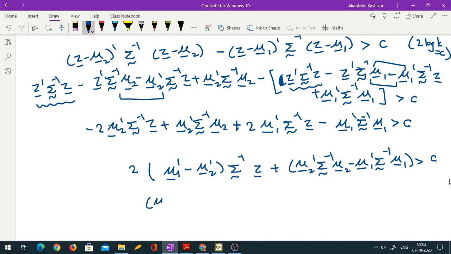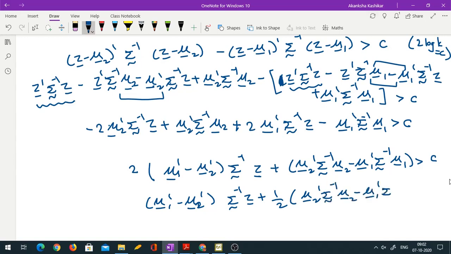So this can also be written as (mu1 prime minus mu2 prime) sigma inverse Z plus half (mu2 prime sigma inverse mu2 minus mu1 prime sigma inverse mu1) should be greater than C prime, where C prime is C by 2.